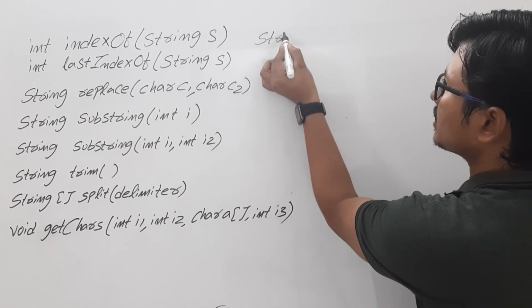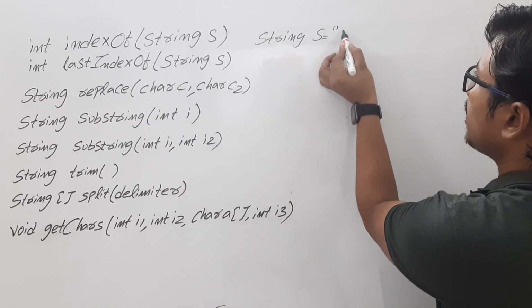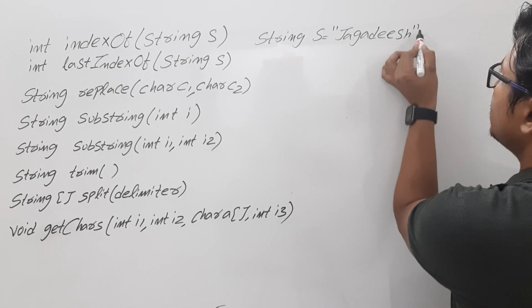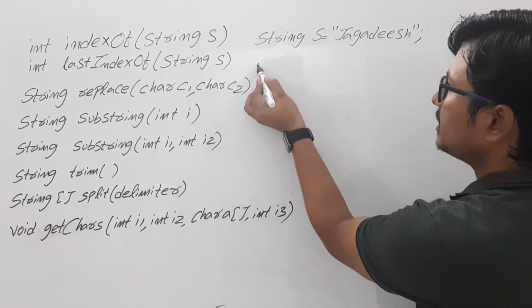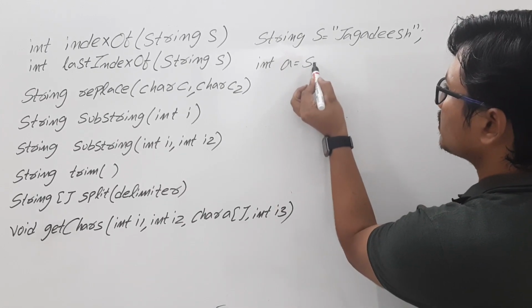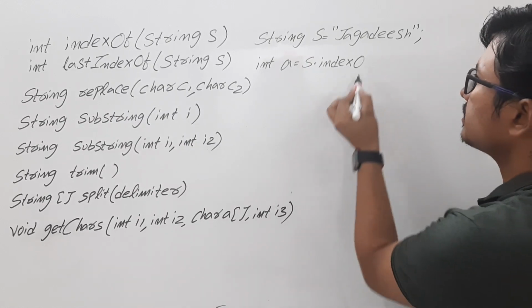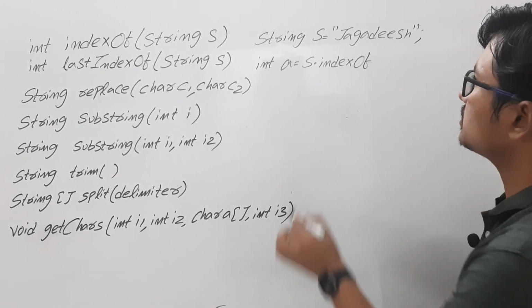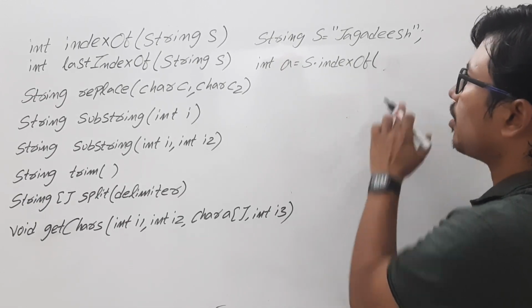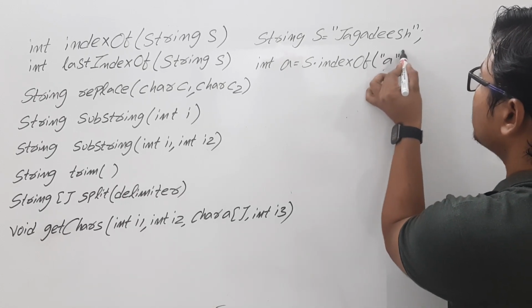Let's take a string s equal to Jagadish, and if I write int a is equal to s.indexOf, where O should be in uppercase and f in lowercase, oh sorry, I need to provide one argument. What argument will I provide? I will provide a.